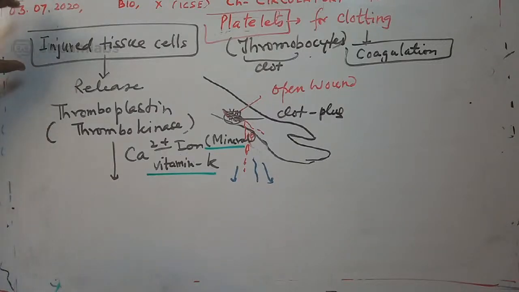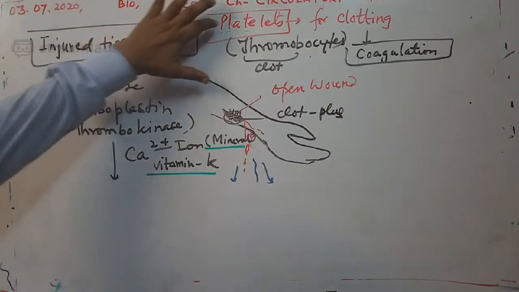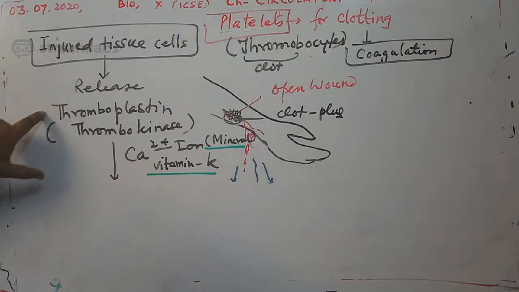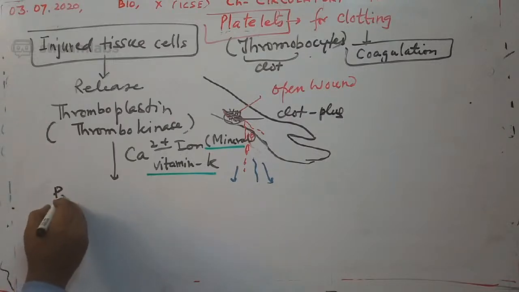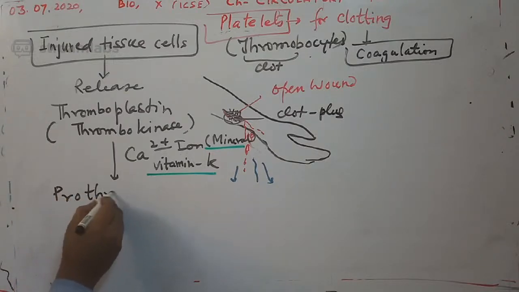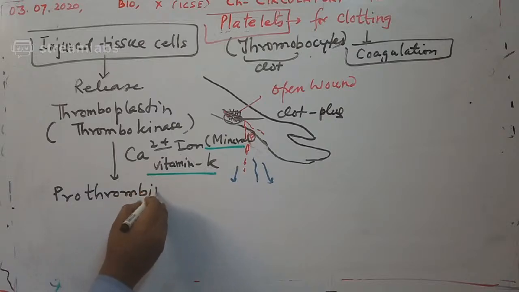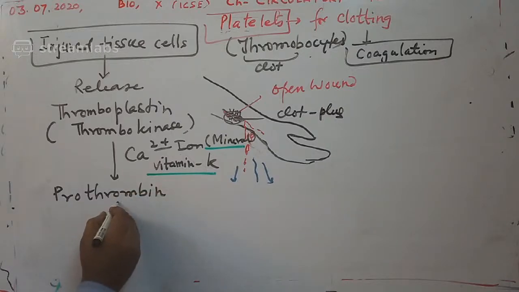So whenever there is an injury of tissue cells or injury of platelets, thromboplastin or thrombokinase is released, and this thrombokinase acts on prothrombin. This prothrombin changes into thrombin.